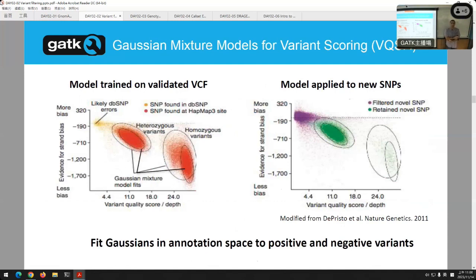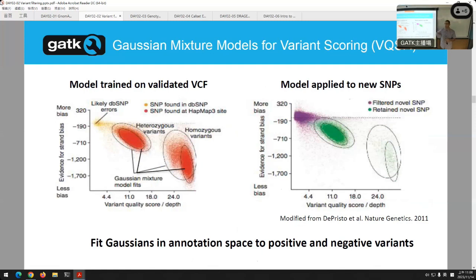The red, anytime, so we're plotting two different of those annotations, of those features. The one on the bottom is quality by depth, the QD, and the one on the left is strand bias. And we're only showing you dots of where a variant in our call set here, this was actually NA12878, showed up in HapMap.